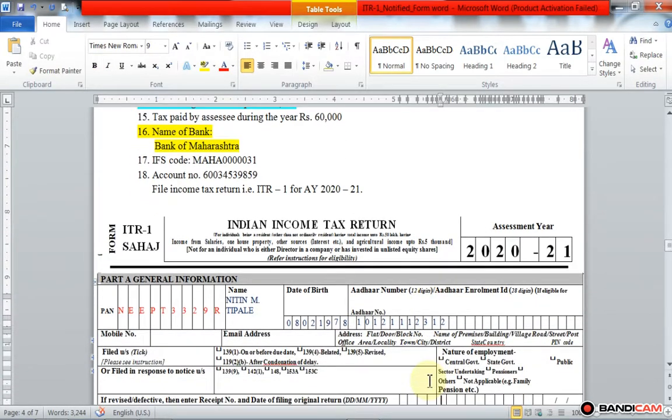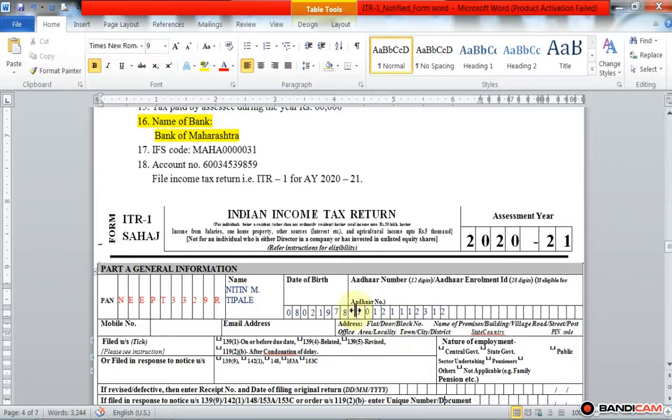Here we put the Aadhar card number in Aadhar card column.